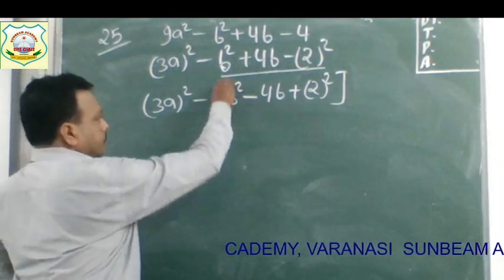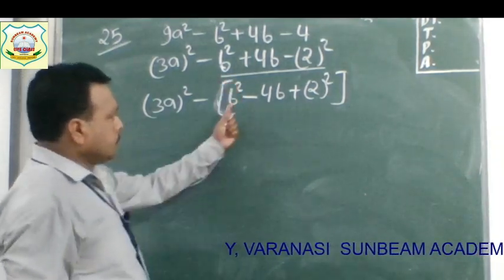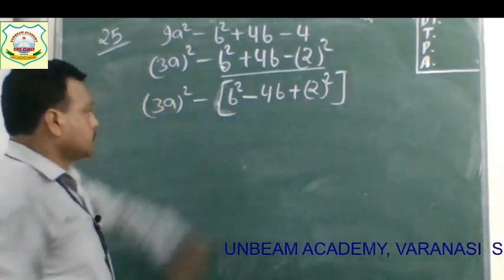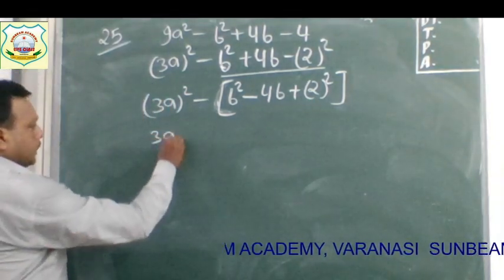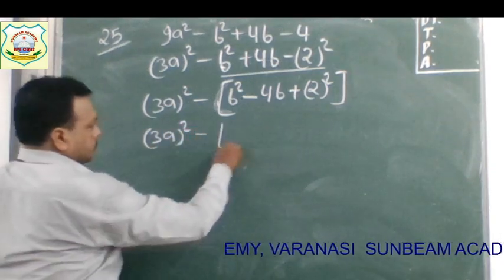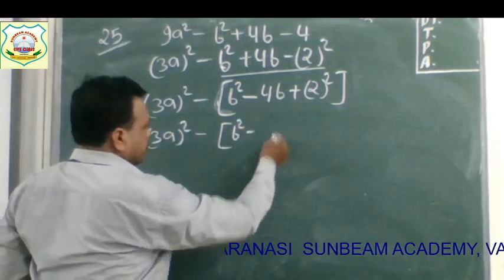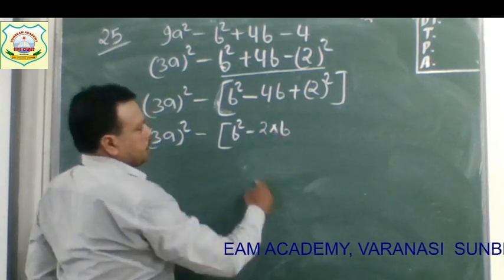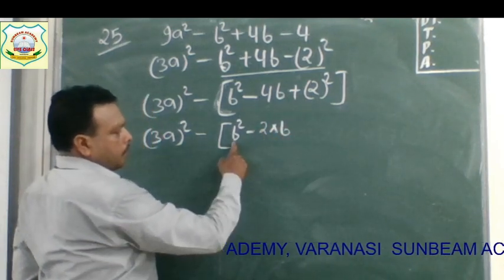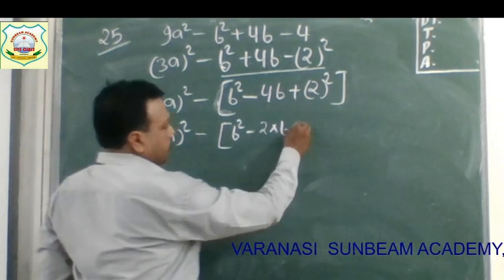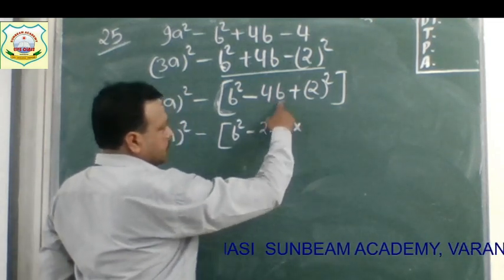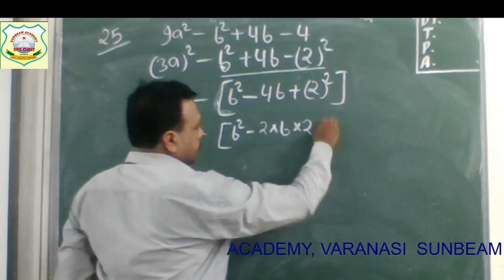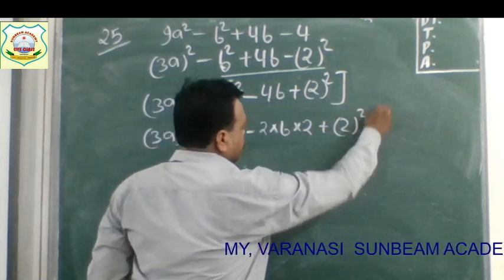Now everyone can see here a square and b square minus 2ab. First we will change it. Is it a form of 2ab or not? b square minus 2ab, 2 multiply b. 2a, this is the form of a, and b should be what? 4b is here, 2b, then 2 multiply, then we will get the 4b, and already b square is given as 2 square.